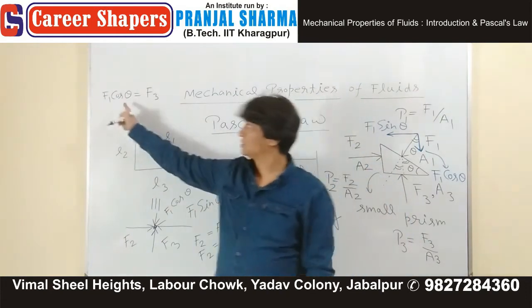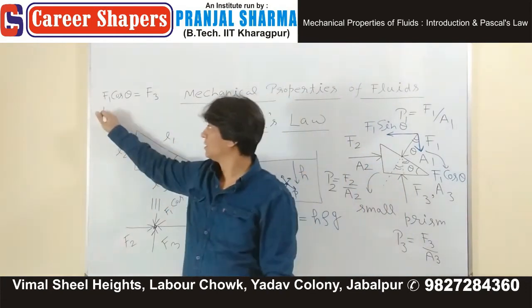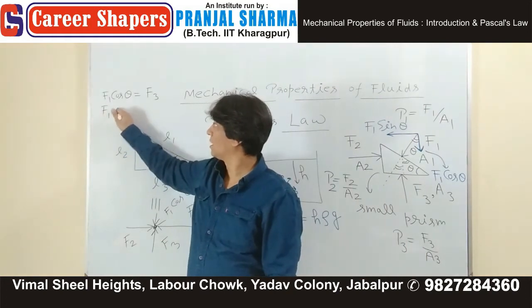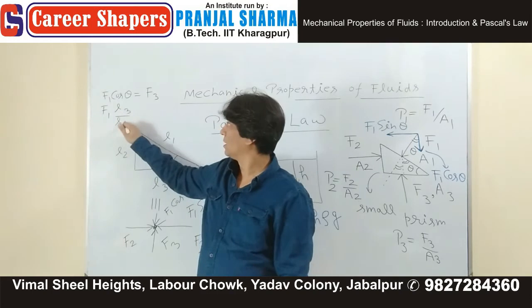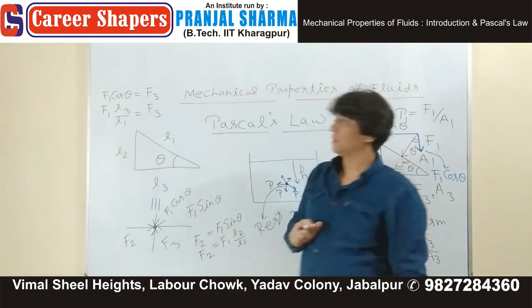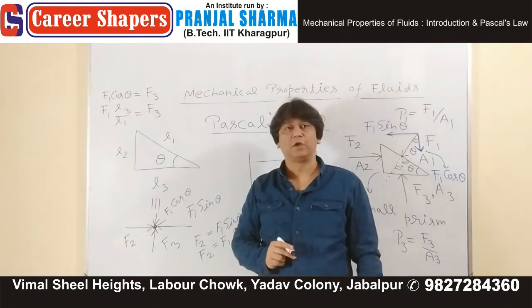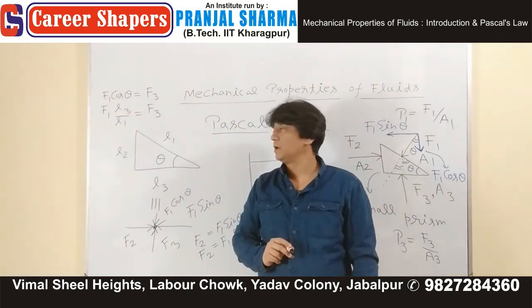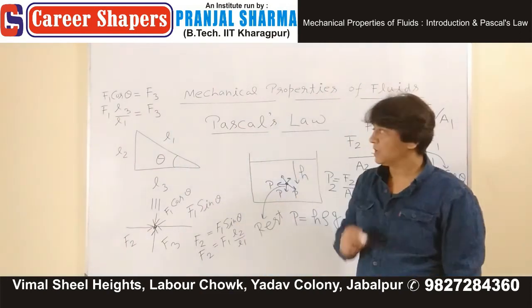What is cos theta? L3 divided by L1. L3 divided by L1 gives you F1 into L3 divided by L1, which is equal to what? F3.